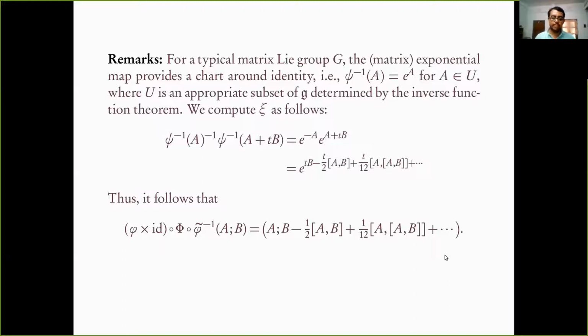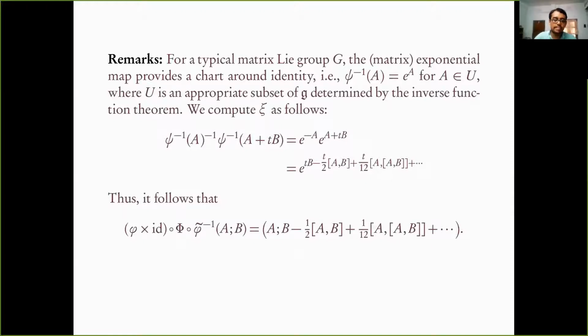So the map that I really wanted to compute in this particular setting turns out to be the vector B at the point A. So A is like my base point. So B goes to B minus this. It's evident that it is not B unless A is 0, right? And remember, A is 0 in the chart means that when you exponentiate the 0 matrix, you get the identity. So A is 0 in the chart corresponds to the identity matrix of the Lie group.